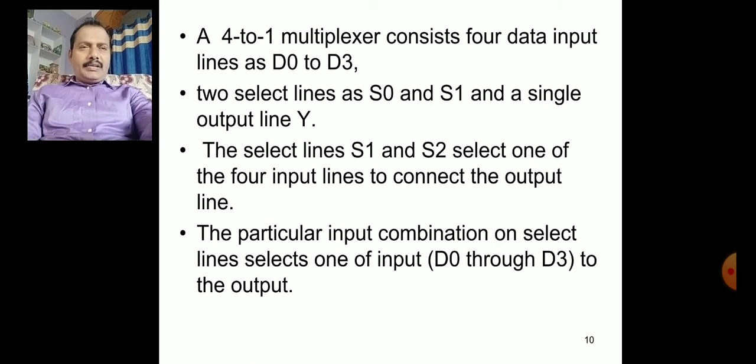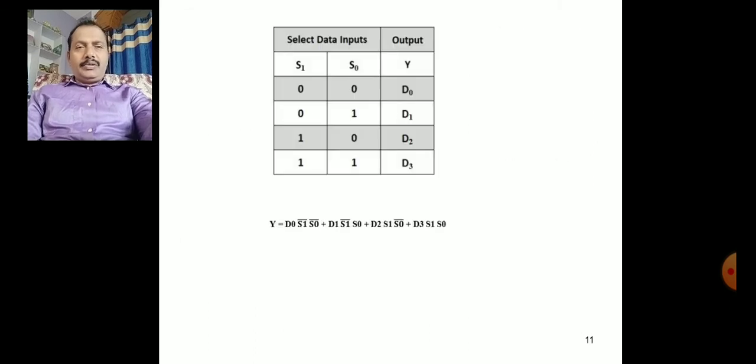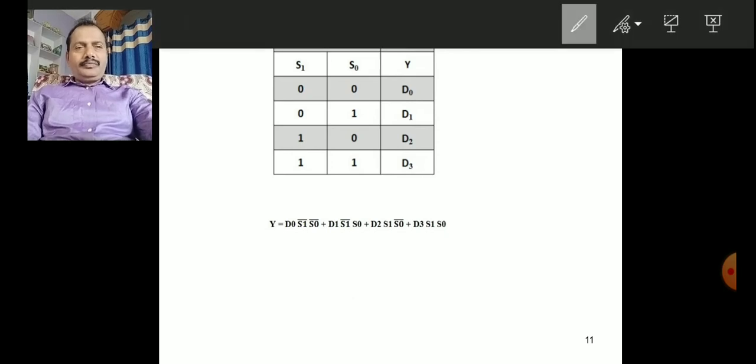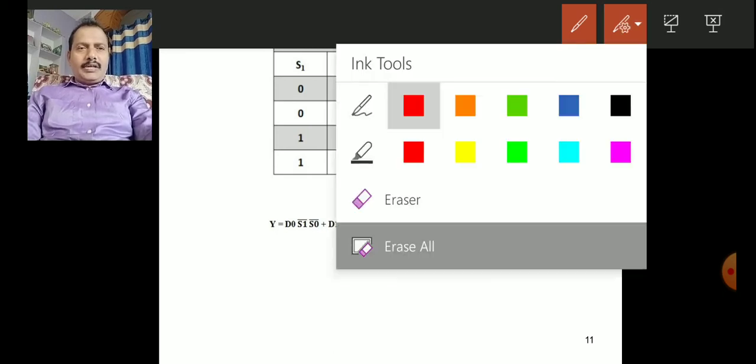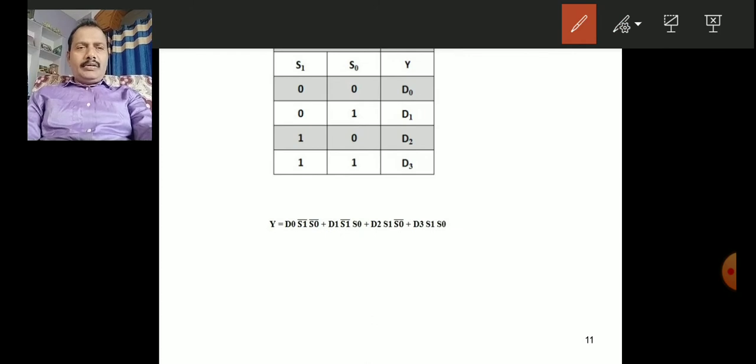Let us consider the truth table. Because there are two select lines S1 and S0, two select lines means four combinations.